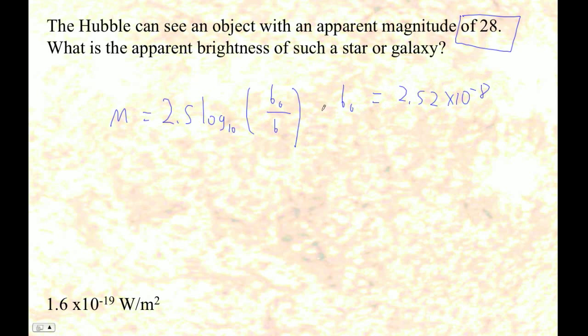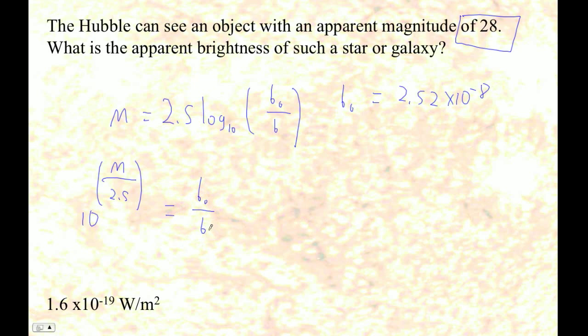Okay, so we got to be able to go in there and solve for the b. So little m is 2.5 log 10 of, I'm just going to say b naught divided by b. And I'm going to say b naught is equal to 2.52 times 10 to the minus 8th, because I don't want to do math with all that number that's hard to write down. So little m divided by 2.5, 10 raised to that is equal to b naught over b.